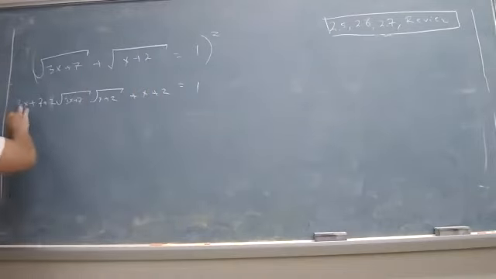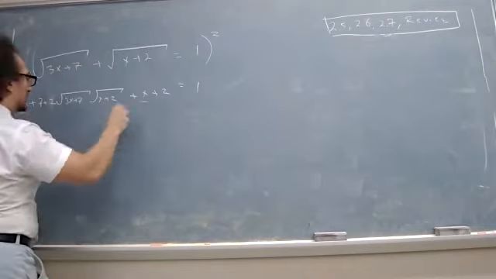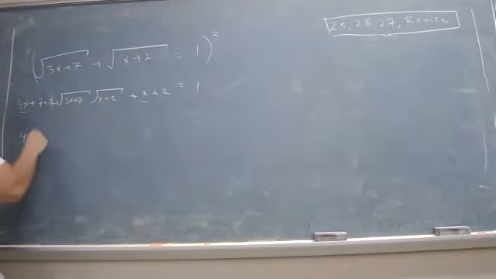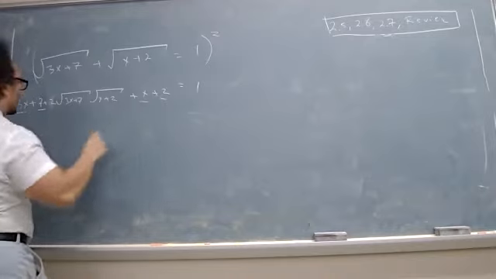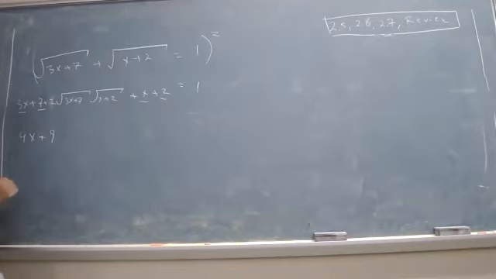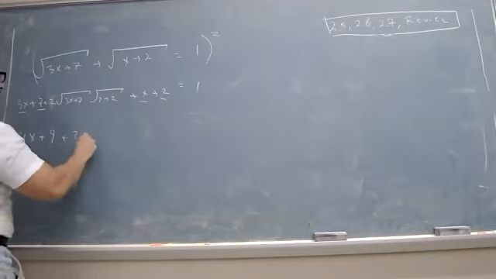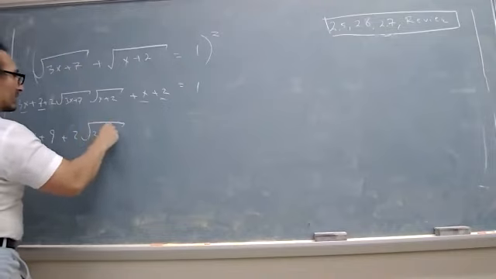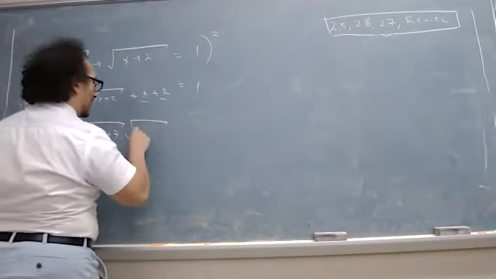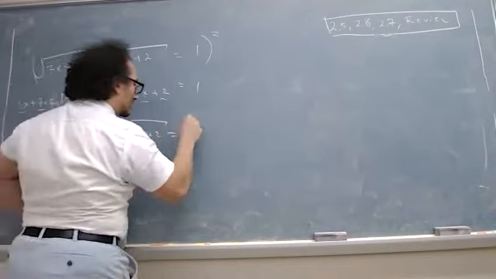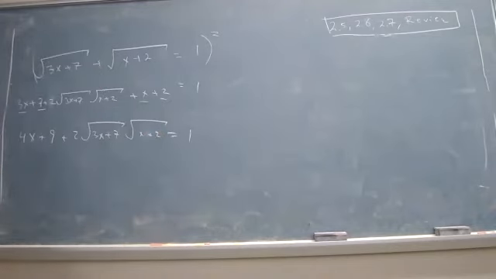Then we combine like terms. This 3x here and this x here give me a 4x. This 7 here and this 2 here give me a 9. Plus my 2 square root of 3x plus 7 square root of x plus 2 is equal to 1. Okay.